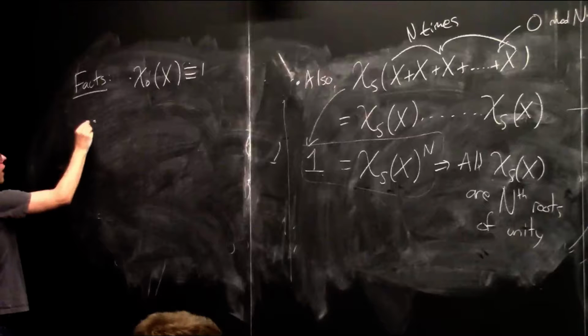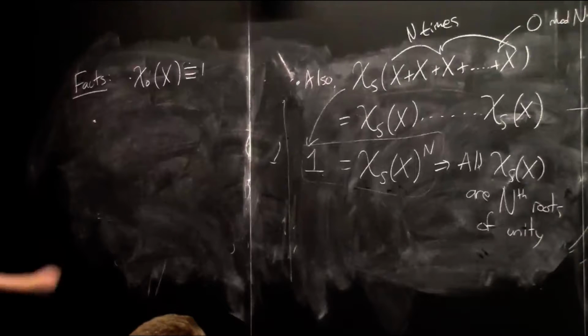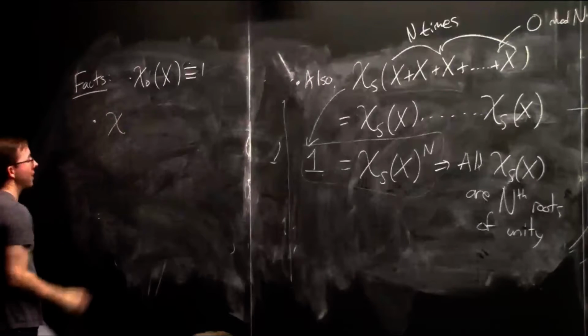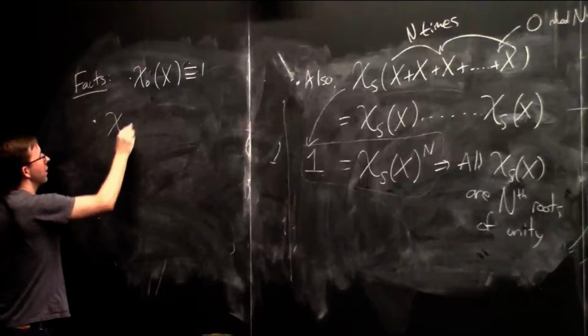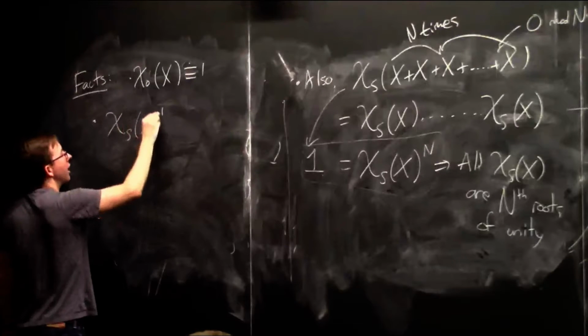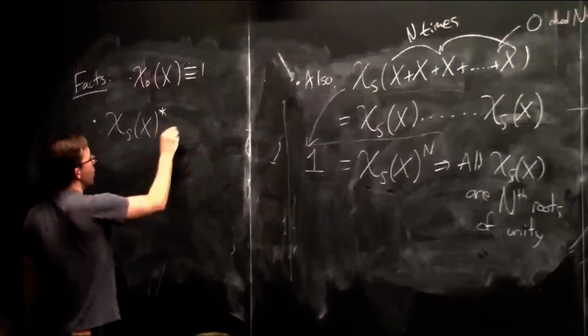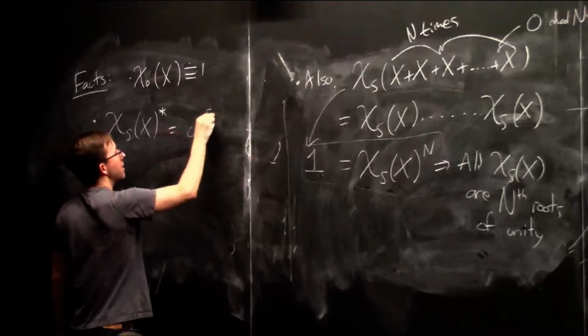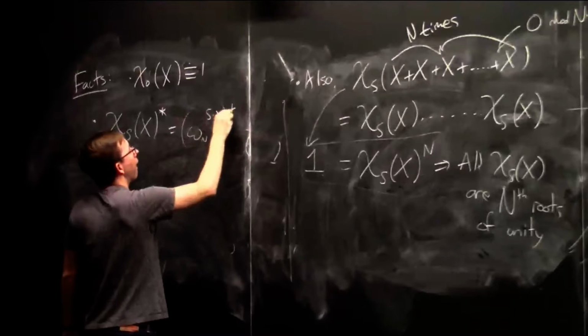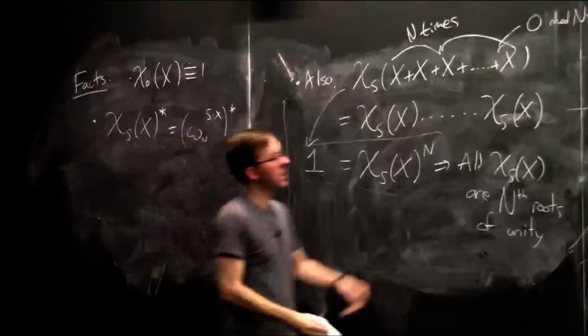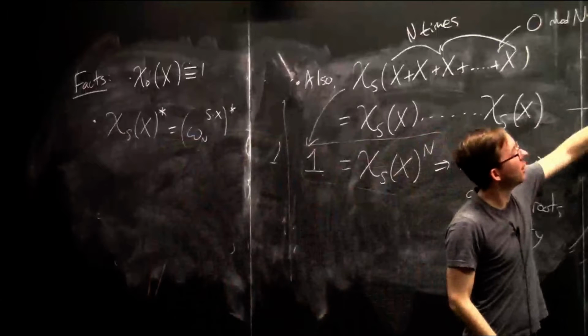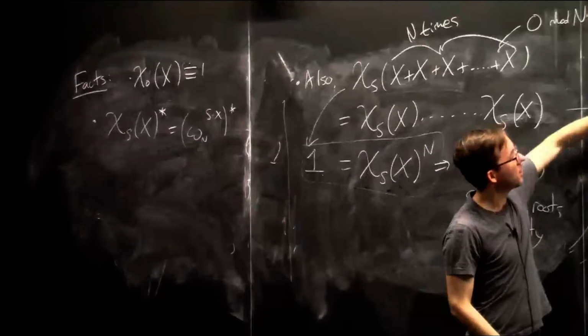Here's another minor fact. Now that we're finally grappling with complex numbers, we have to remember the complex conjugations that sometimes happen. The complex conjugate of chi s x is the complex conjugate of omega n to the s times x. The complex conjugate reflects downwards, so this one goes to this one, and this one goes to this one.